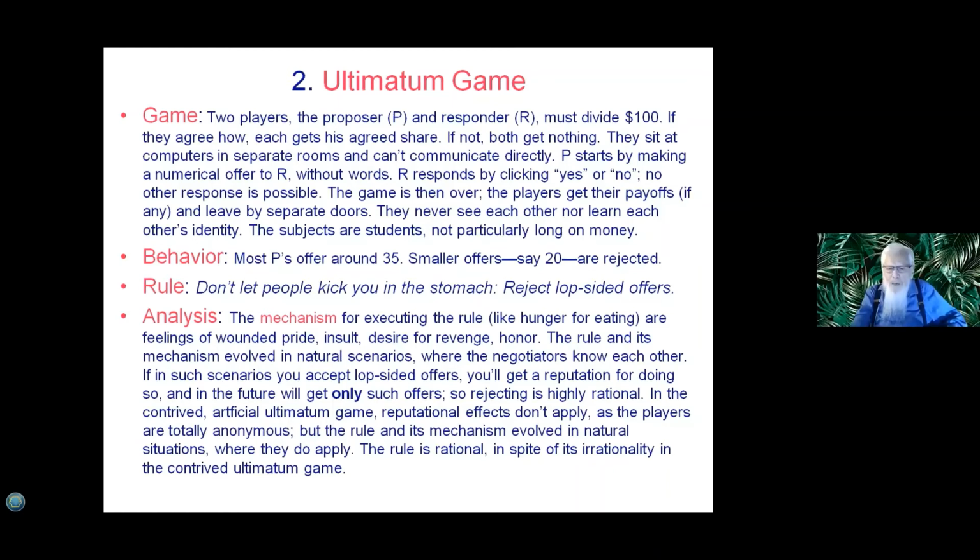But the rule and its mechanism evolved in natural situations where they do apply. The rule is rational. We have rule rationality in spite of its irrationality in the contrived ultimatum game. Okay, that's the second example.